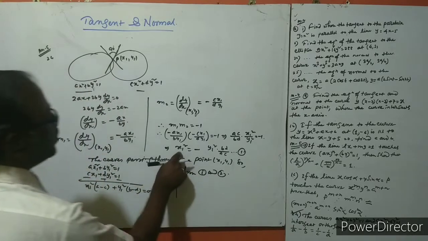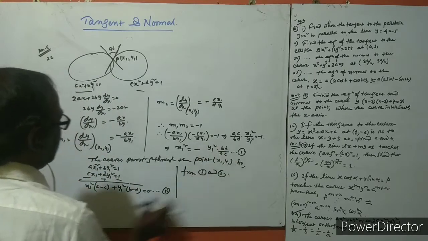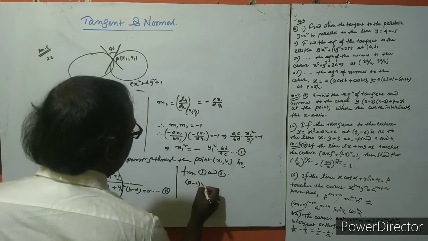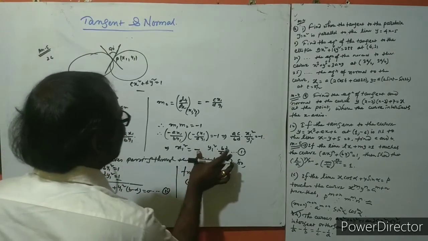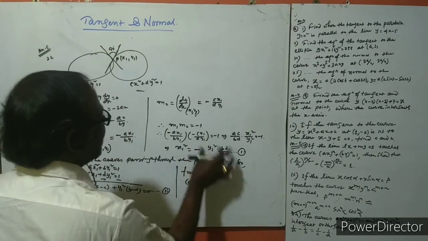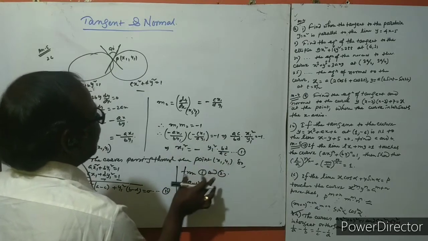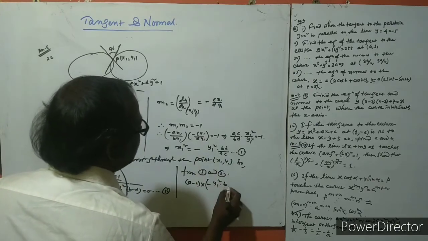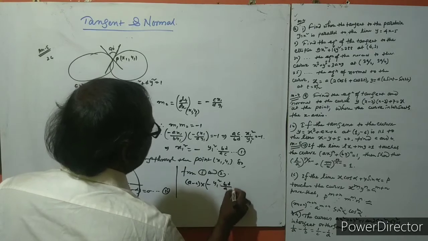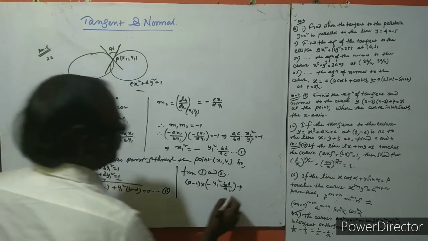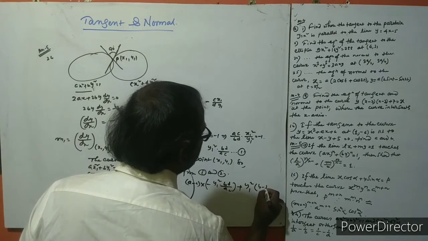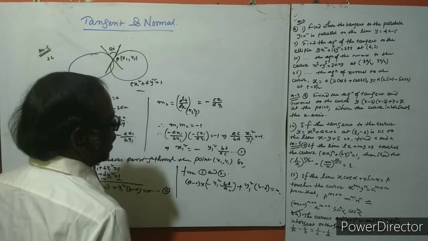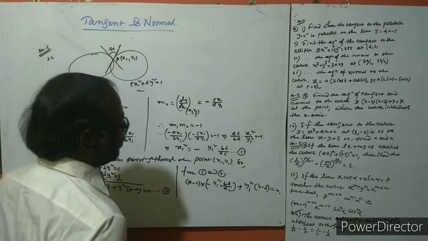So put the value of x1 square from the first equation into this equation. So (a minus c) into x1 square, we replace it with this value, minus y1 square bd by ac, plus y1 square into (b minus d) equal to 0. Now take y1 square common and cancel it.